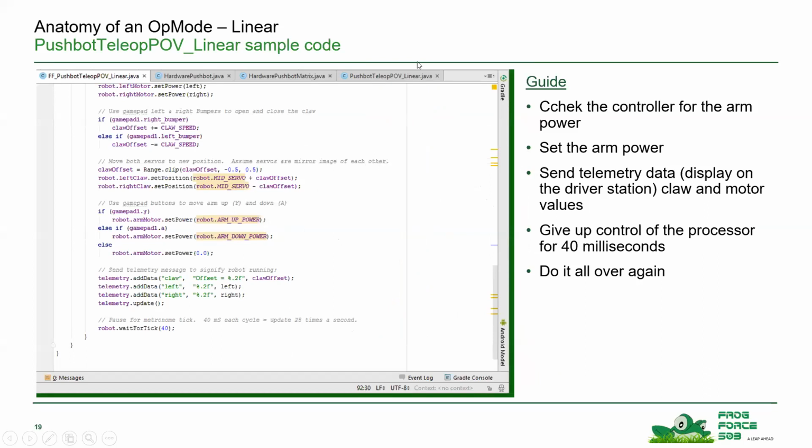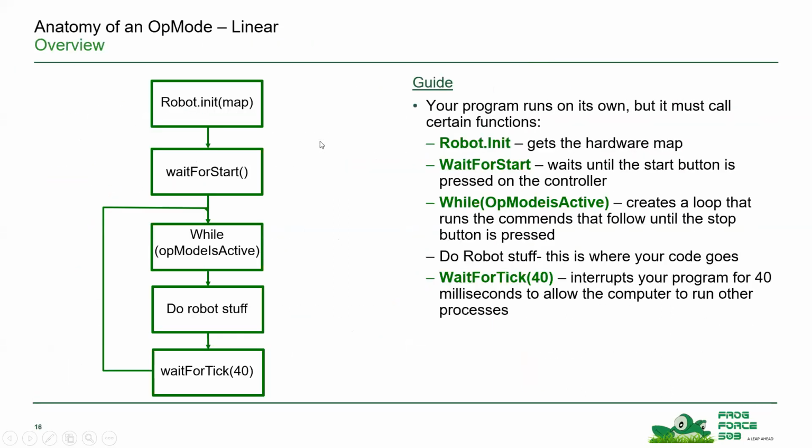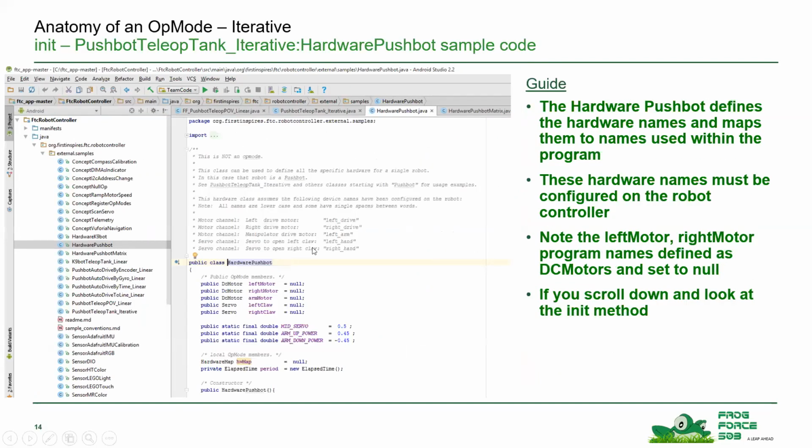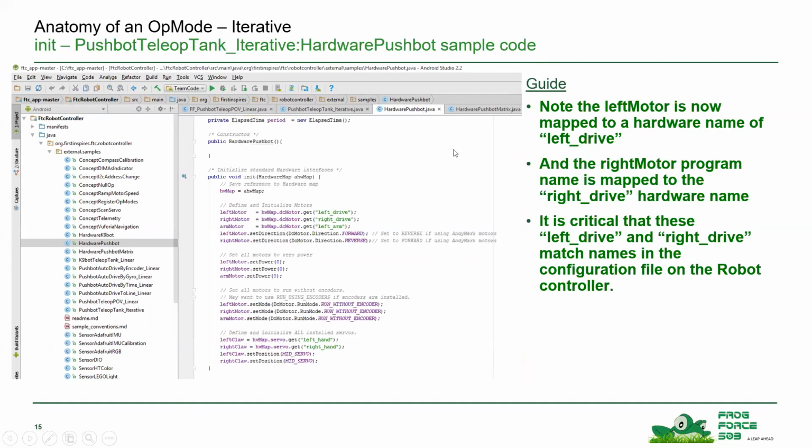Now Roshan is going to show you the regular op mode, because this presentation didn't show the full part of the iterative op mode. Roshan's going to show you that part, other than just the init function. So actually, first, does anybody have anything to add or any questions?